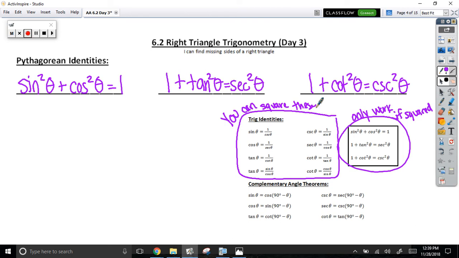The other trig identities, you can either square them or leave them regular. So if I were to tell you sine squared theta, write that in an equivalent form, you can tack on a squared here, and that is an equivalent identity. So this would be equal to 1 over cosecant squared theta. So all of the trig identities that we talked about so far work for squared.